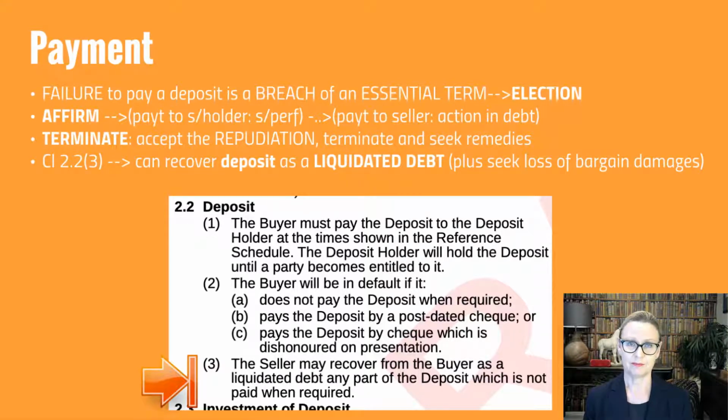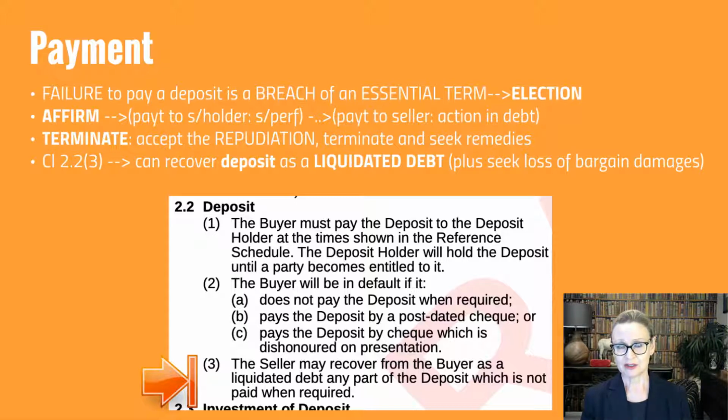If the buyer was meant to pay the deposit to a stakeholder, then the seller will have to commence an action for specific performance to make the buyer pay the money over to the stakeholder. If the deposit was to be paid to the seller, then the seller is going to have to commence an action in debt for the buyer to pay them the deposit.